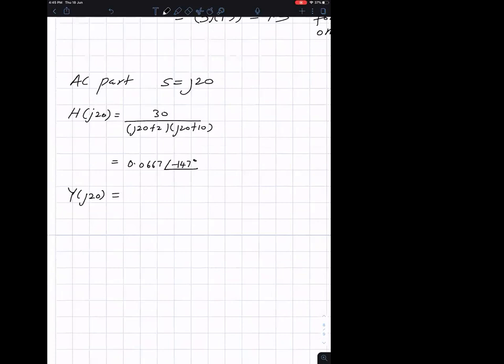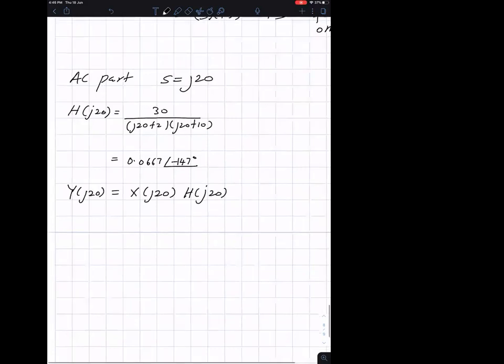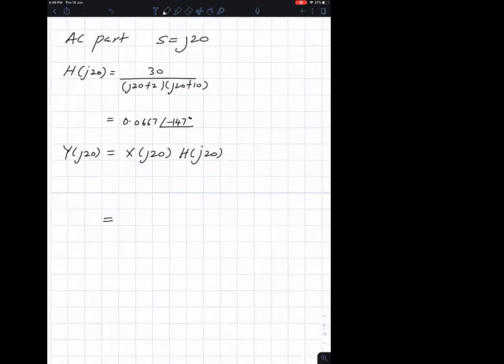due to the frequency omega is 20, is the input function at j20 multiplied by the transfer function at j20. So we already know our input is given earlier.